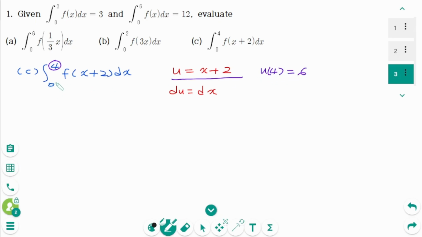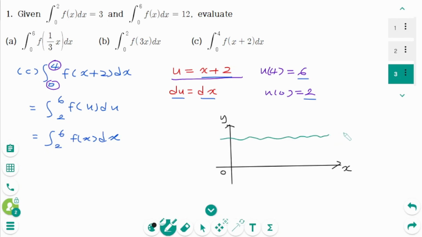When x equals 0, u of 0 equals 2. Now the new upper limit is 6 and the new lower limit is 2. Then f of x plus 2 means f of u and dx is du. Then changing the variable, the integral from 2 to 6 of f of x dx.